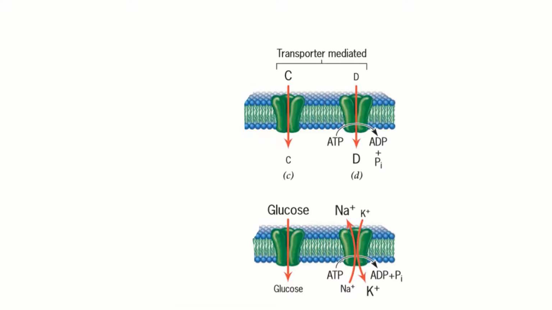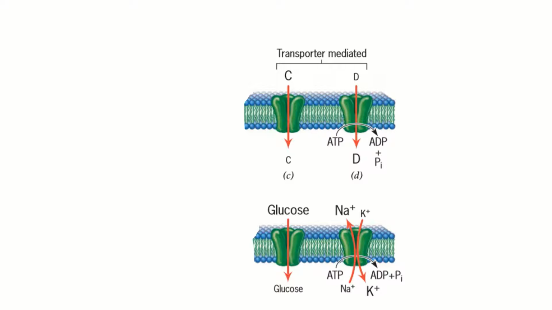Then we have here other types of transport through the cell membrane. Here in letter C, we can see it's still sort of like diffusion because the concentration of C is higher on the outside than on the inside. But the protein involved is no longer a channel protein, as evidenced by how the protein is illustrated.